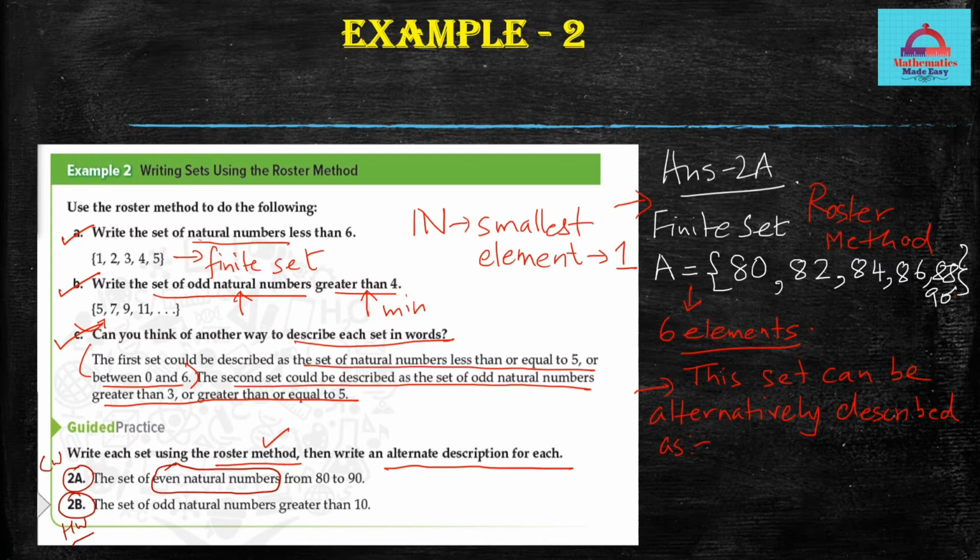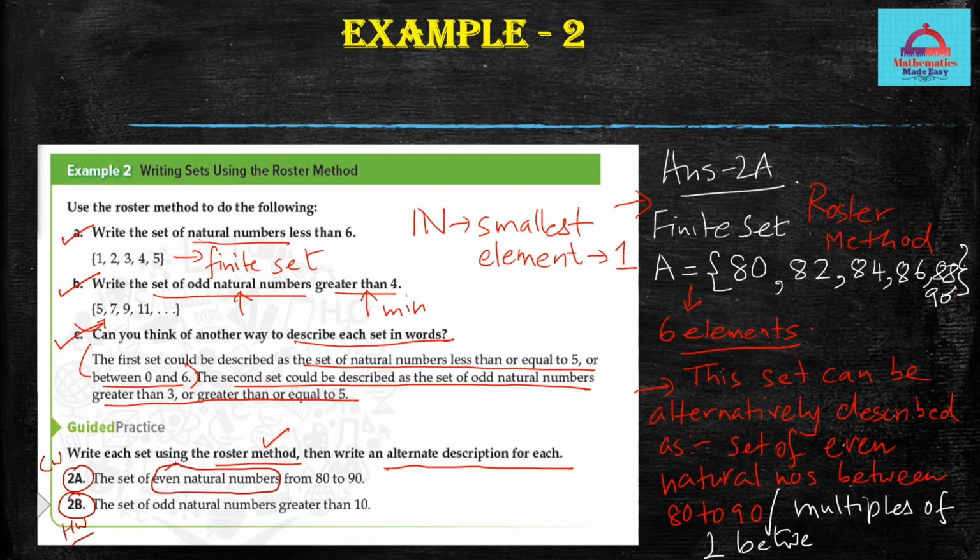So let's write, or maybe you could also replace it with the word multiple of 2. So we can write this set as the set of even natural numbers between 80 to 90, or you could also write it in this way, multiples of 2 between 80 and 90.